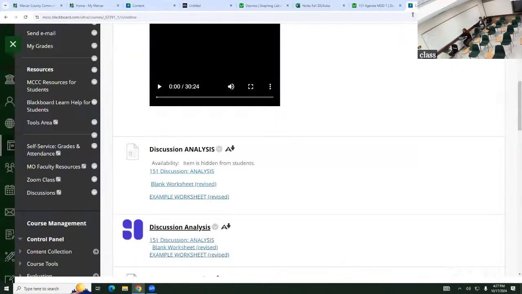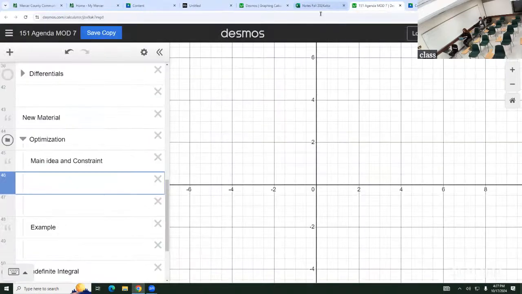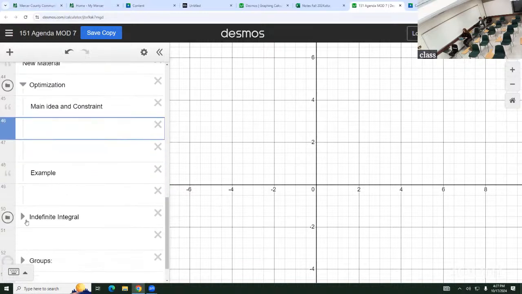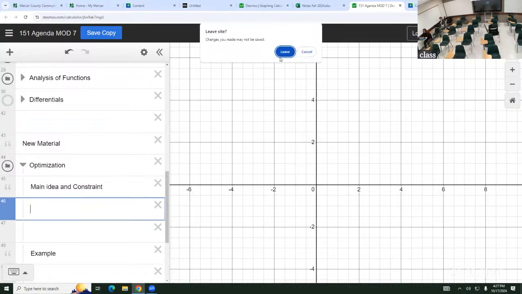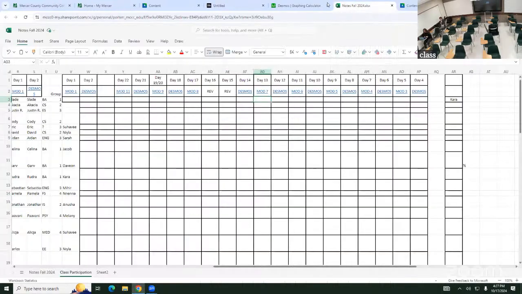Anyway, let me show you where it is on indefinite integral. Nope, there's nothing in here. I think it's in the other one. Maybe it is on this one.